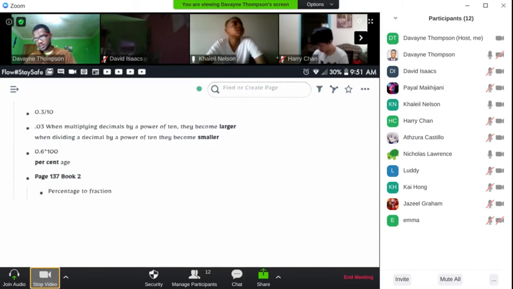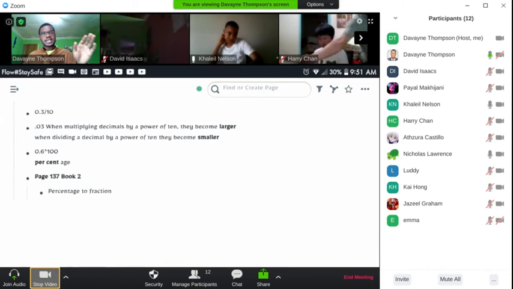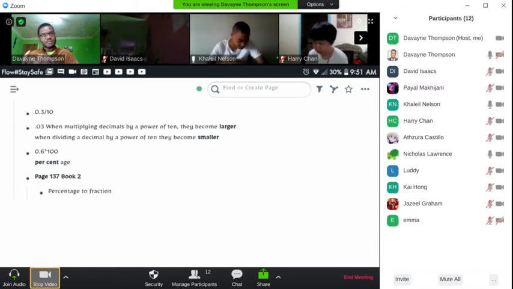Okay, let's continue. So on page 87, it says a percentage is a fraction which has a denominator of 100. So you see now why I was telling you that the root word of percentage gives you some highlight as to why you use 100, because the denominator of a percentage at all times is 100.